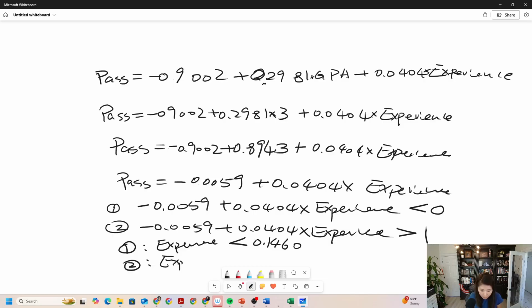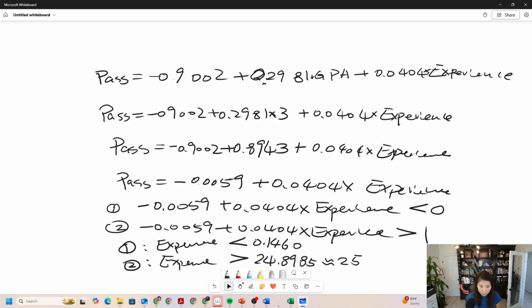However, if the experience is larger than 24.8985, so approximately equal to 25 years, that is when I'm going to see the probability to pass the test will be larger than 1.